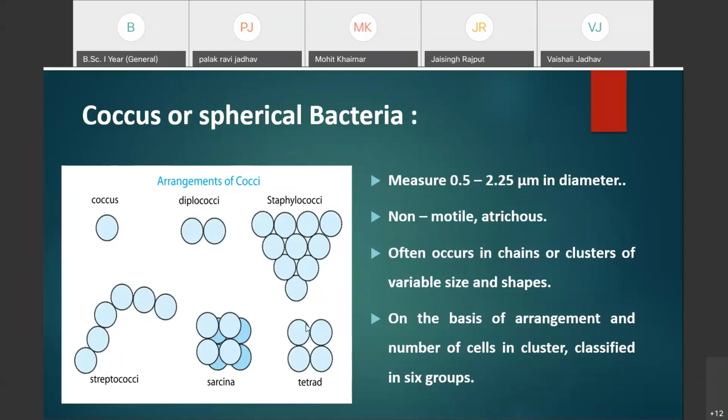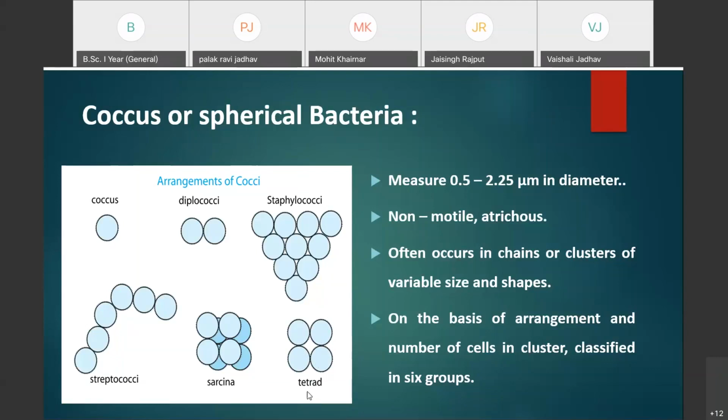Then here you can see spherical bacteria present in groups of four. When the cocci are present in a group of four cells, they are referred to as the tetracocci.